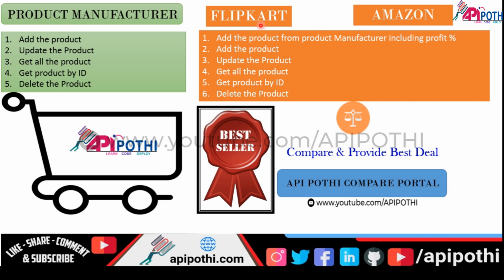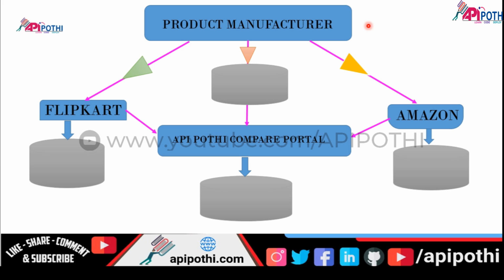So they both have different profits. So obviously if the profit percentage differs, the product selling price will also differ. So depending upon that, they save the product detail into the Flipkart DB as well as the Amazon DB, having their own rate of profit.